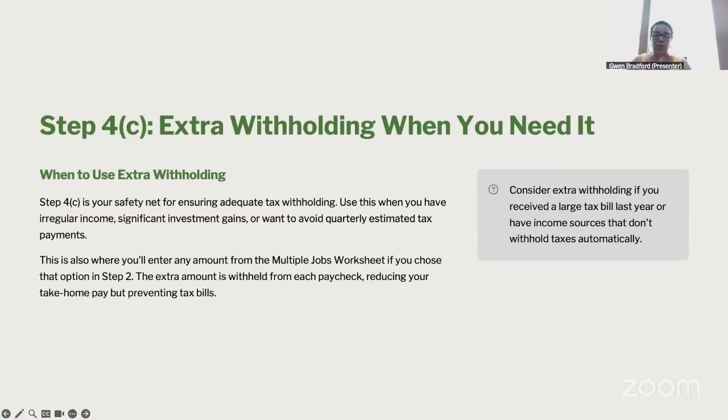Okay, what happens with the extra withholdings, the amount that you have for step 2, which is a combination of both incomes, if you decide to use the worksheet, you will come up with an amount.